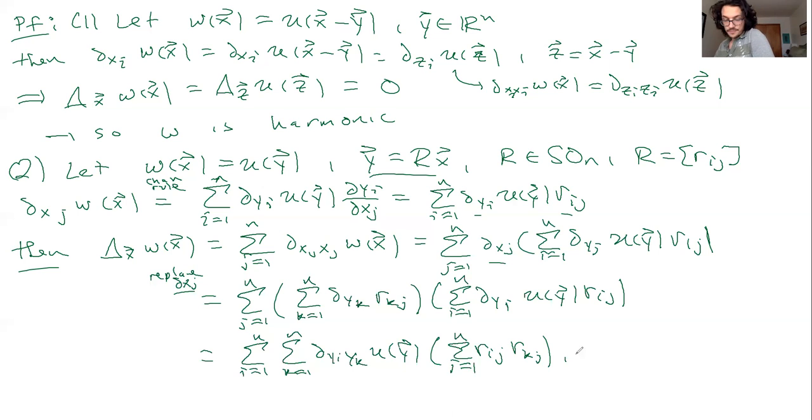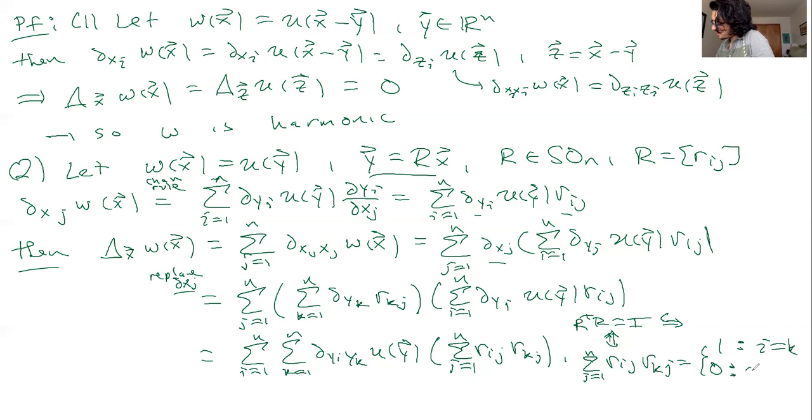But remember now, okay, R transpose R is equal to I, and this actually implies that the sum from j equals 1 up to n of Rij Rkj is equal to 1 if i is equal to k, and 0 if i is not equal to k, sort of like a Kronecker delta.